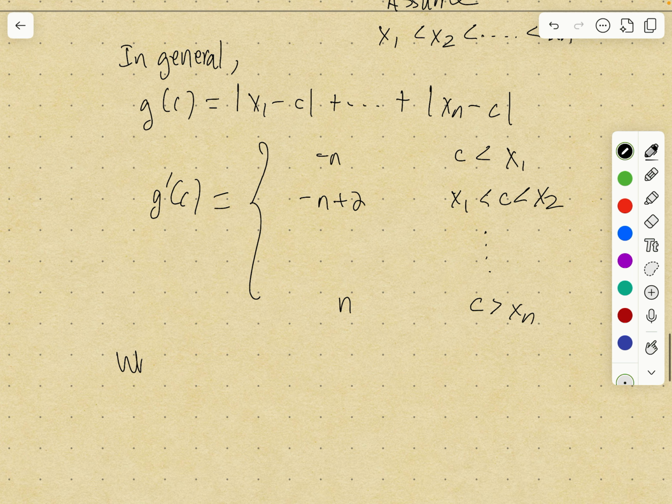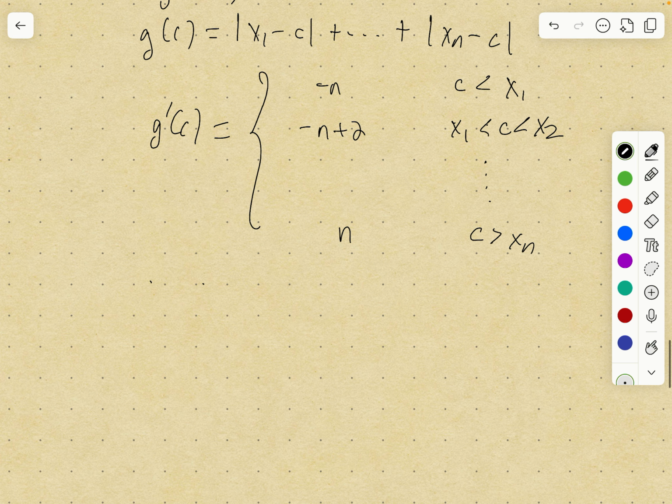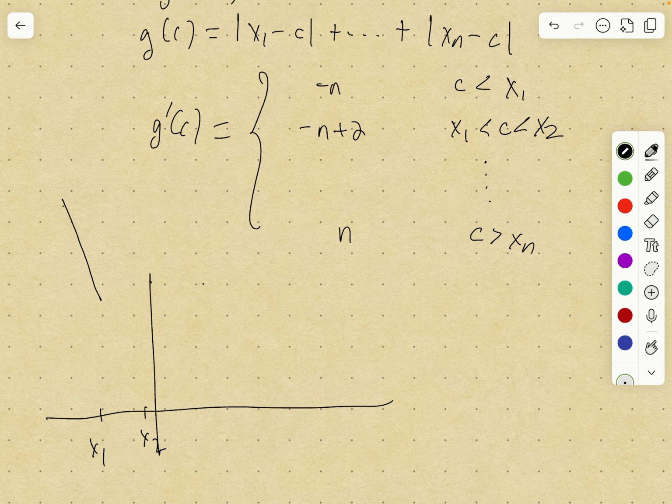So what's going to happen is that your graph of g is going to have a really negative slope when you are less than x1. And then between x1 and x2, it's still going to be negative, but less steep.